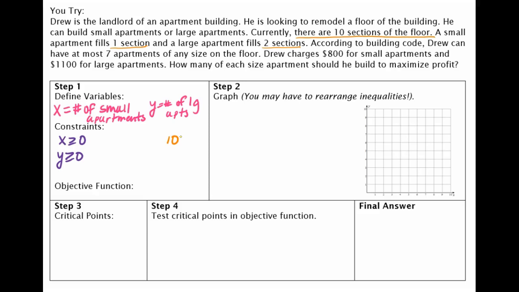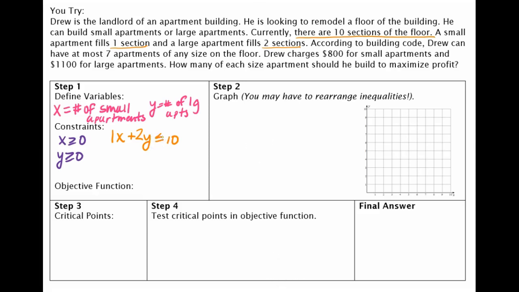So one section is how much a small apartment takes up. So I'm going to say 1x. And then if we add 2y, that's 2 sections for each large apartment. There are 10 sections total. So he could take up as much as 10 sections or less. So this is going to be less than or equal to.